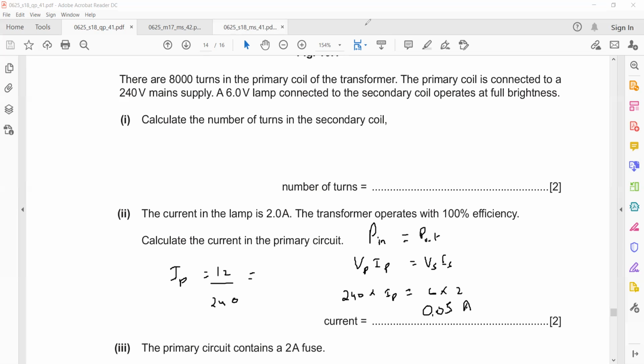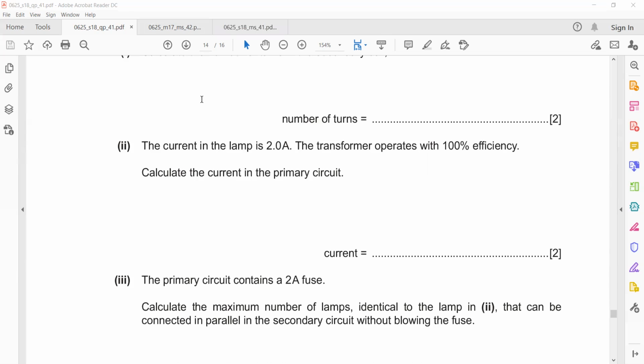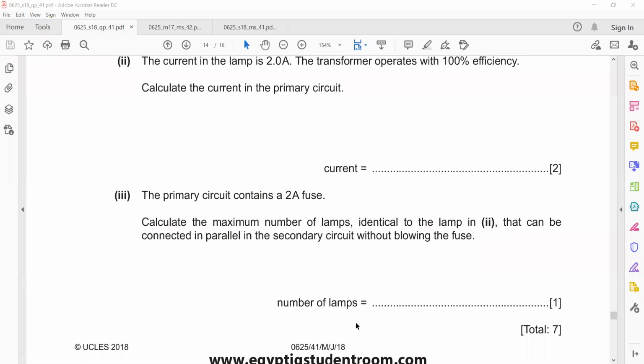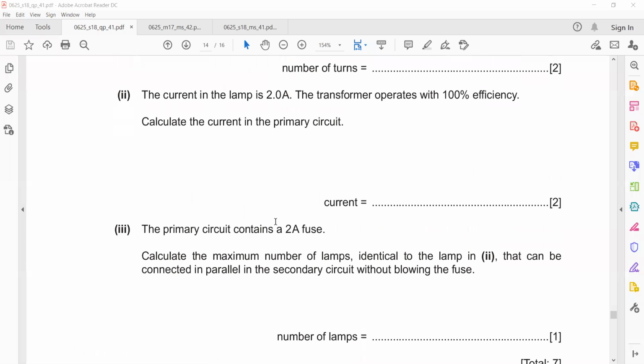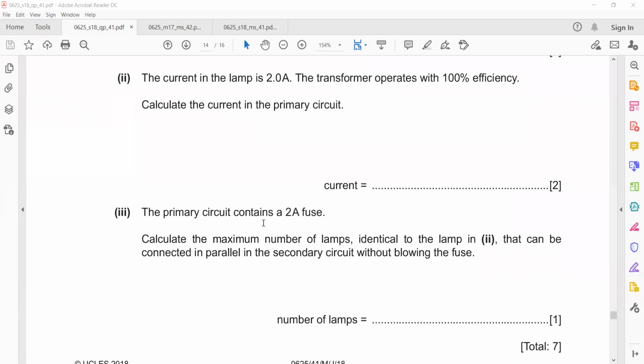The primary contains a fuse of 2 ampere. Okay, leave this part. Let me explain the reason, because it's a 1 mark question.